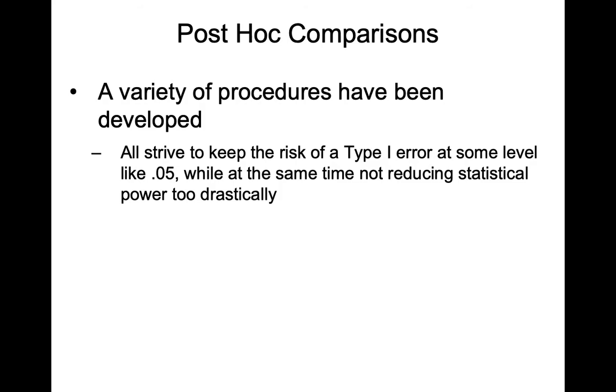And so it becomes more difficult to make a type 1 error, but it also becomes more difficult to have a statistically significant result. So it's easier to make a type 2 error in that event. So we want to strike a balance between keeping our alpha somewhere around 0.05 in total and having as much statistical power as possible. That's what these procedures are developed to do.